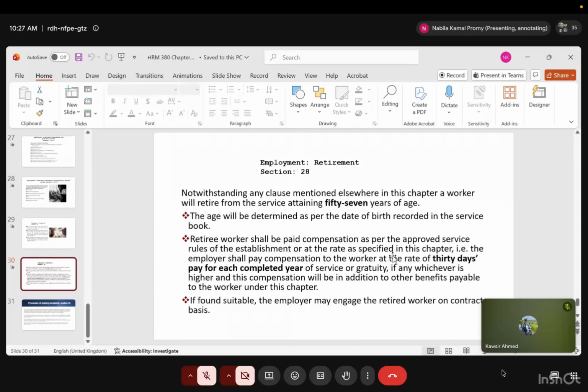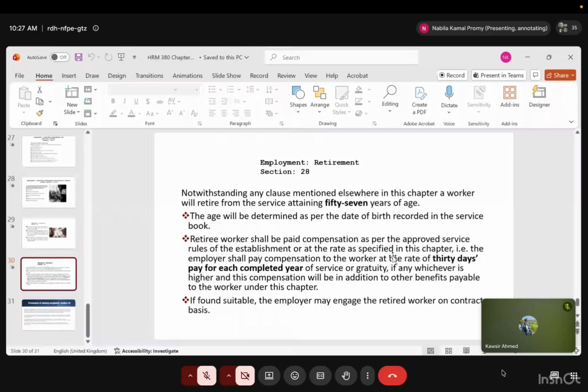And finally, we have retirement. I believe we all understand what retirement is. Retirement is when an employee is terminated from the company because he or she has reached the natural age of retirement. Their age has come, and no matter how many years they have served, after a certain period of time, he or she will have to retire from the company.